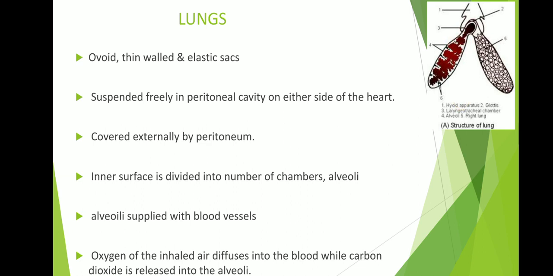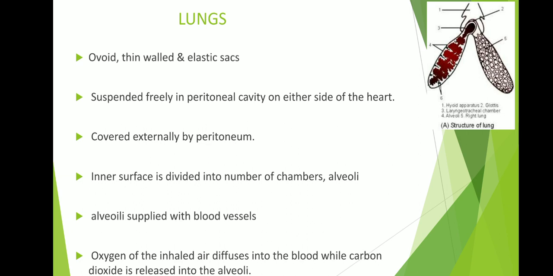Alveoli are also supplied with the blood vessels. The epithelial lining of the alveoli is very thin and richly supplied with the blood capillaries. The air drawn into the cavities of the lungs is in close relationship with the blood. So oxygen of the inhaled air diffuses into the blood while carbon dioxide is released from the alveoli.